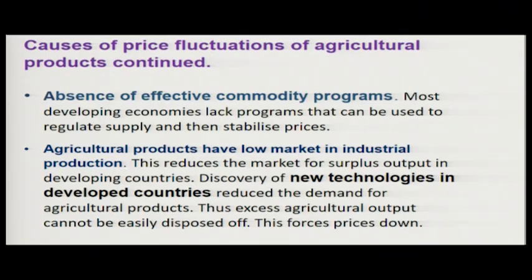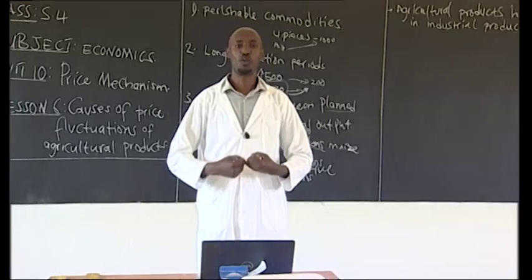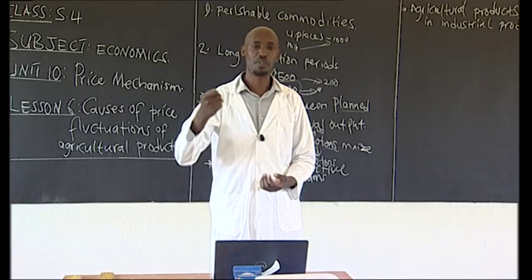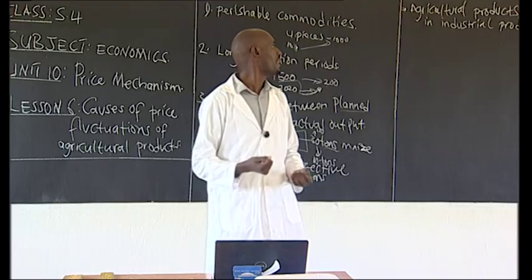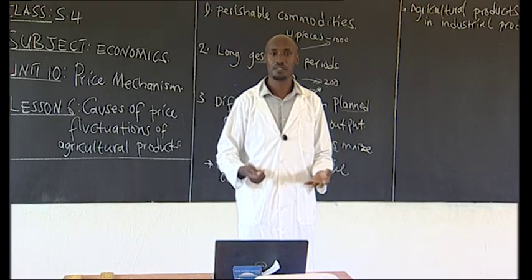Why? Why do you think, or what's the cause of this? So this one, if you see our industries, let's say if you go in our free zone, you may find that goods, products we take there, they are not agricultural products.